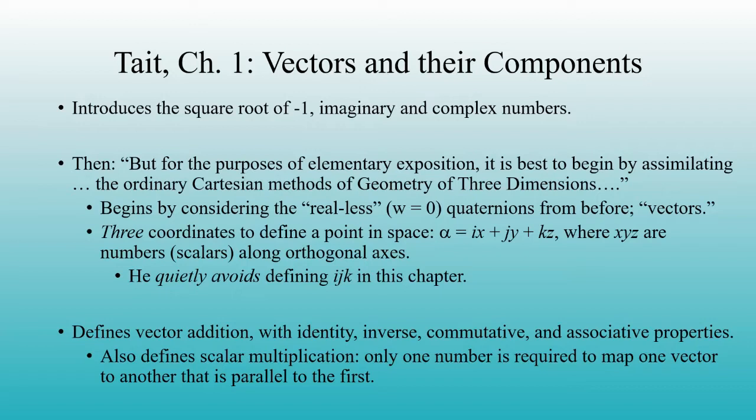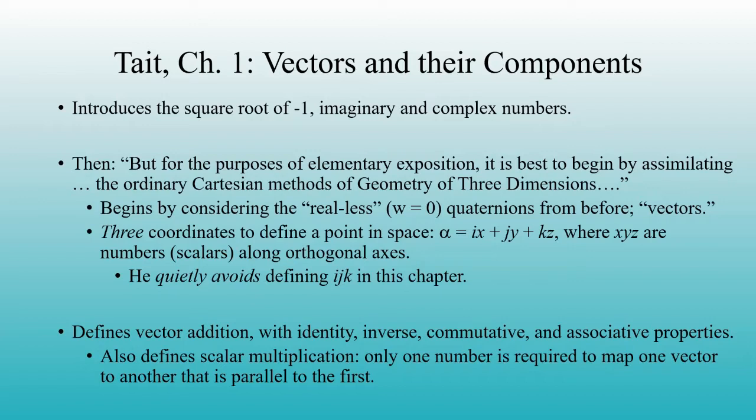It gets confusing. Now, and this is important for both Tait's story and ours, he does not explicitly define i, j, and k, other than to infer that they are associated with direction. This allows the reader to assume, falsely assume, that i, j, and k are real unit vectors along the x, y, and z axes. Nothing up my sleeve.